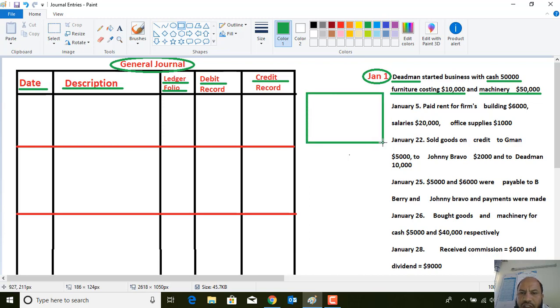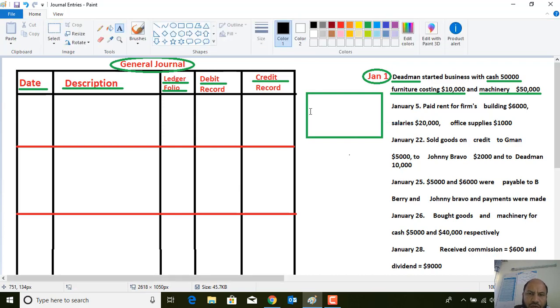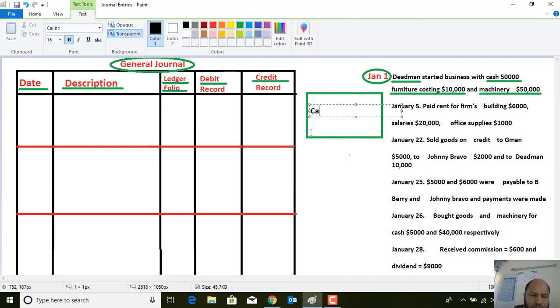Consider that this is, for example, a business. What happened in this business? Dear students, let's explain it. In this business, for example, the cash account increased.